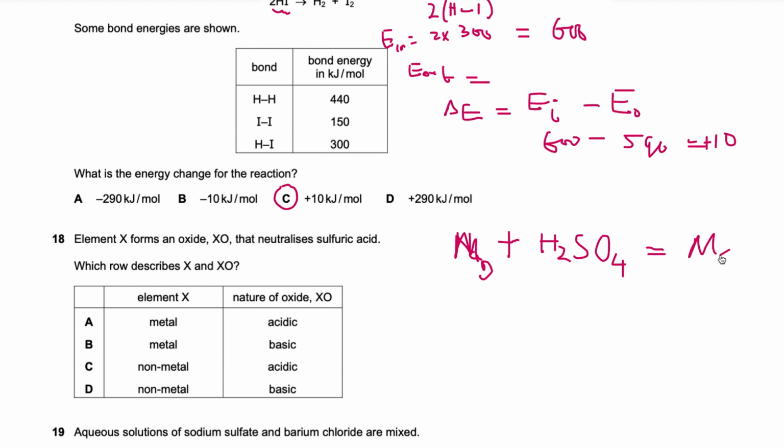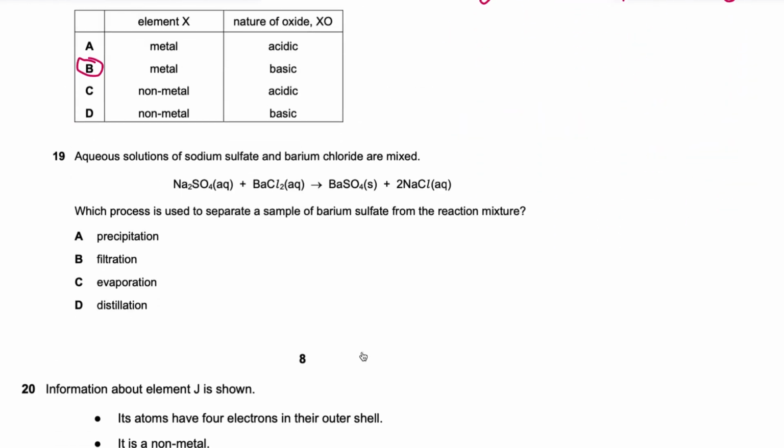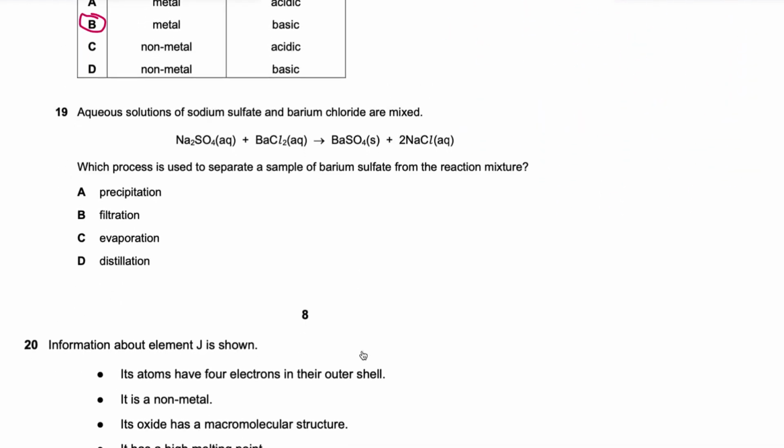So the oxide will be a basic oxide. You know, when metals form oxides, they become basic oxides. So it's a metal and it forms a basic oxide. If it's a non-metal, it will form an acidic oxide. Okay, you can revise this one in your notes.